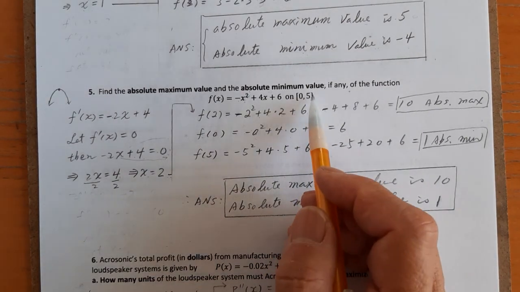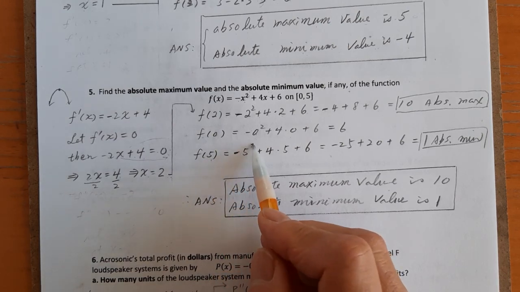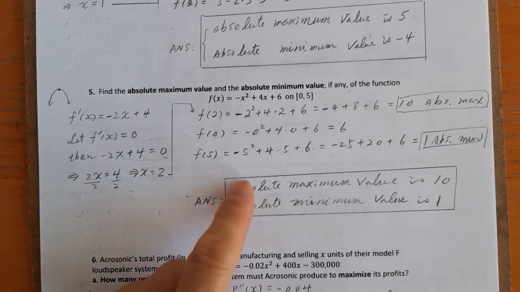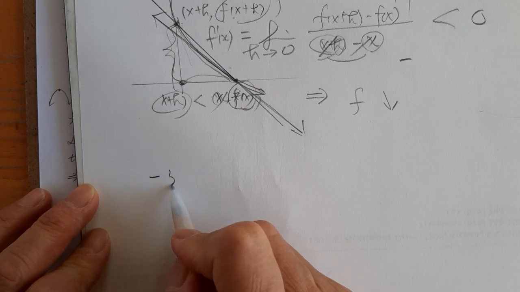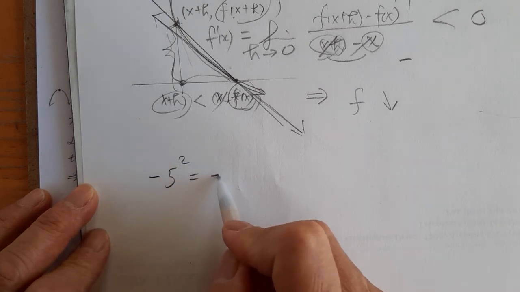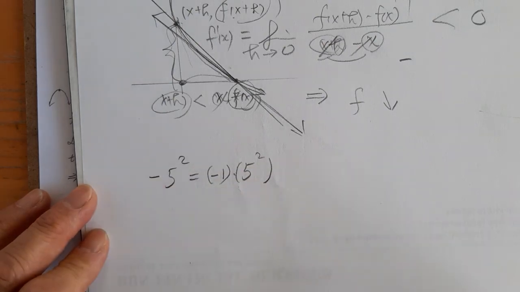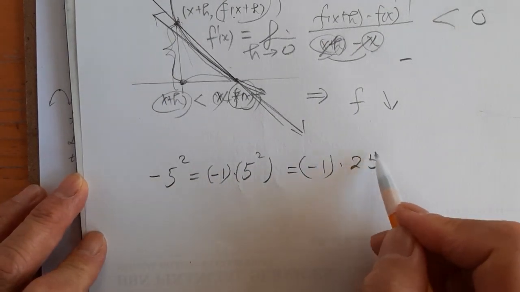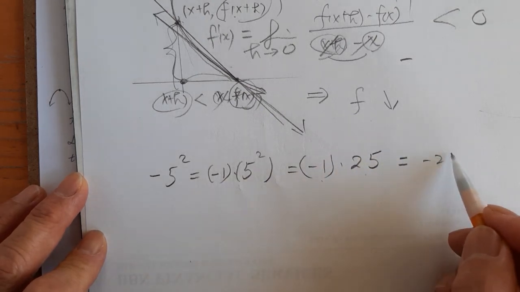Then the endpoint 5, f of 5, negative 5 squared plus 4 times 5 plus 6. Here again, negative 5 squared means negative 1 times 5 squared. So equals negative 1 times 25, since 5 times 5 is 25. Negative times positive is negative 25.